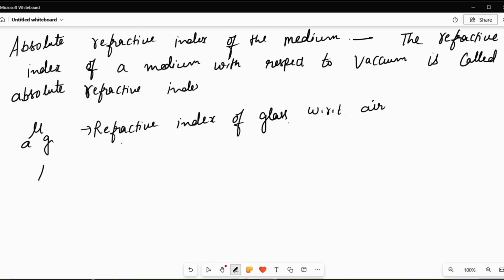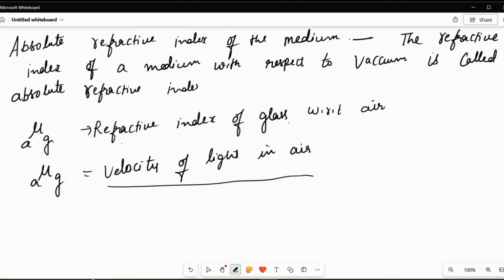So here mu Ag will be equal to velocity of light in air by velocity of light in glass.